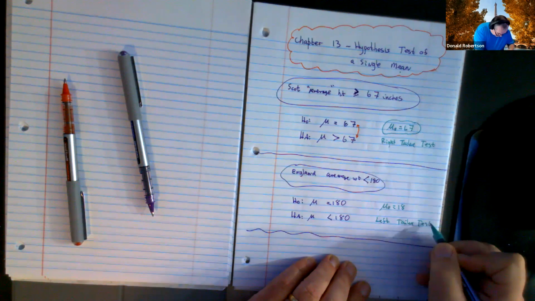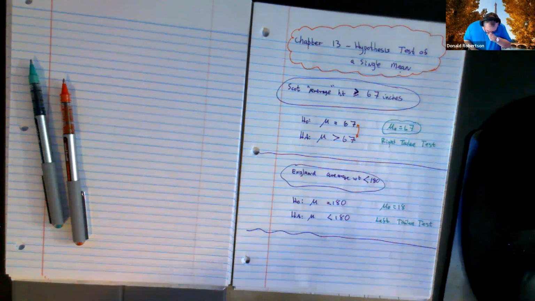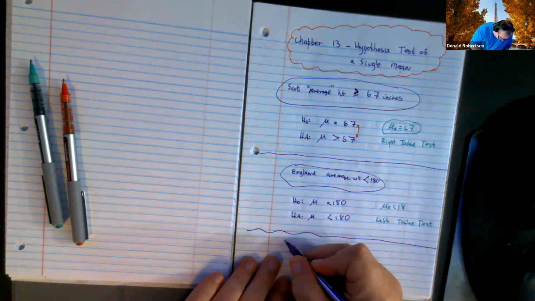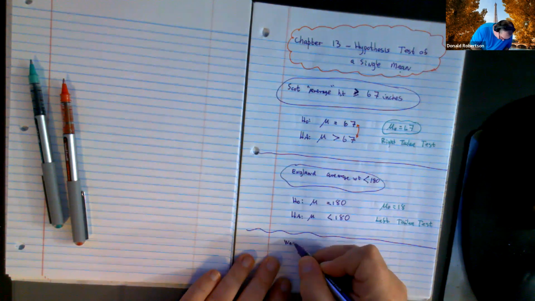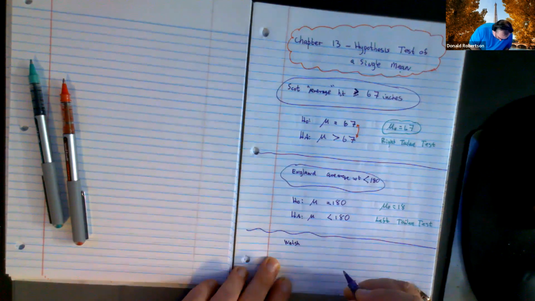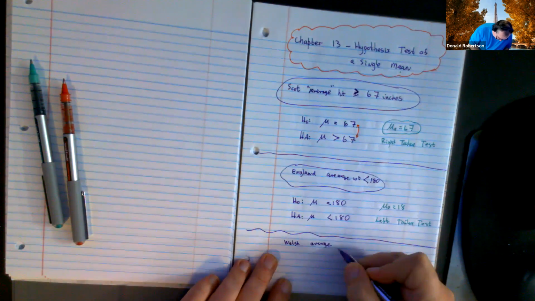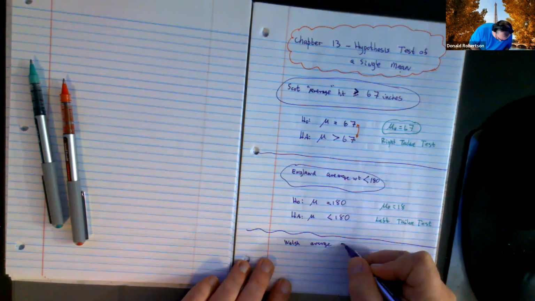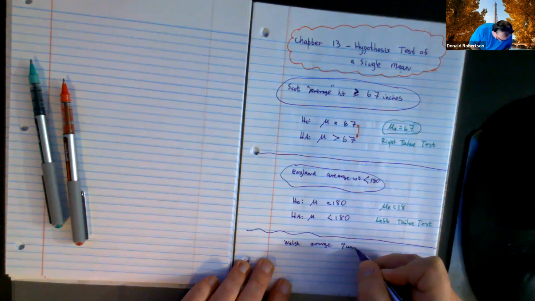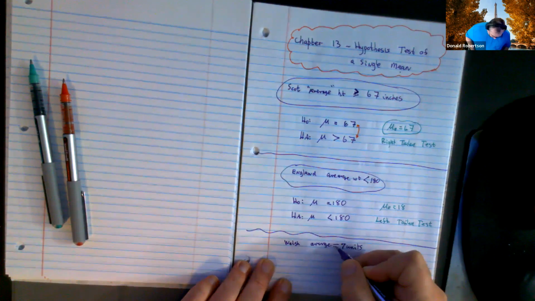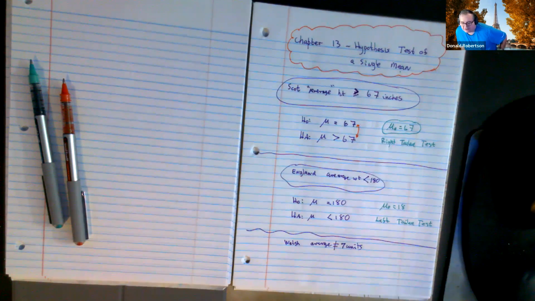And then for completeness' sake, we'll have the third possibility. So we'll pick on the Welsh this time. And we believe that on average, Welshmen don't drink 7 units of alcohol, right?